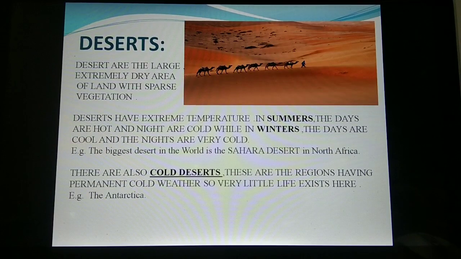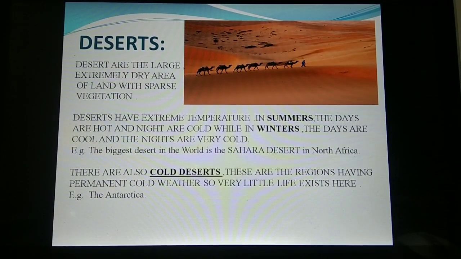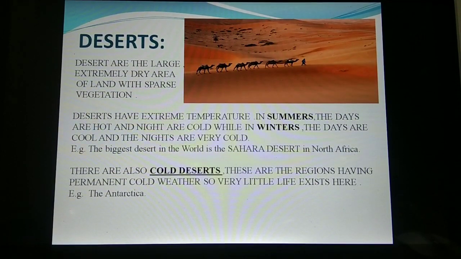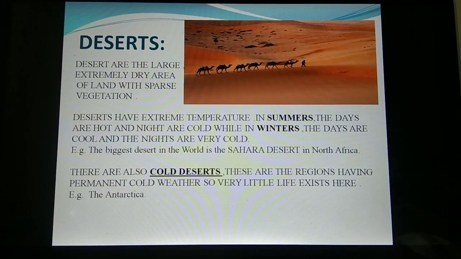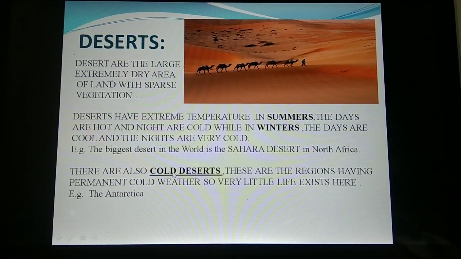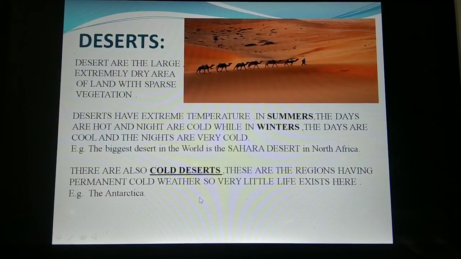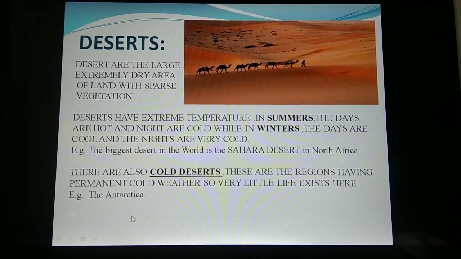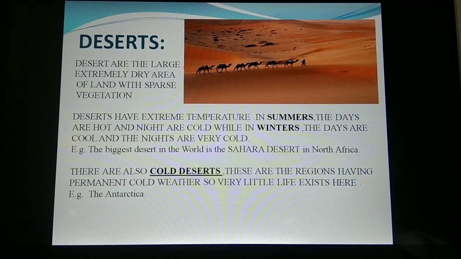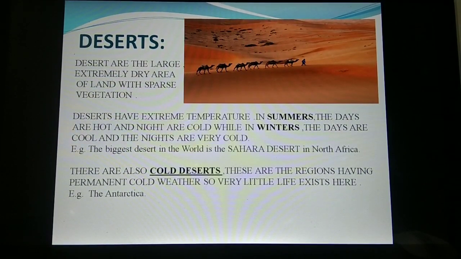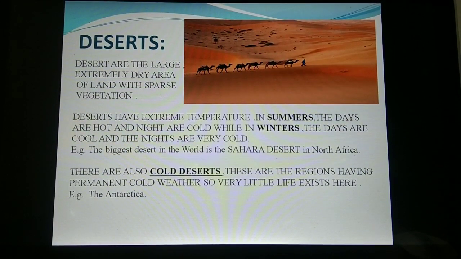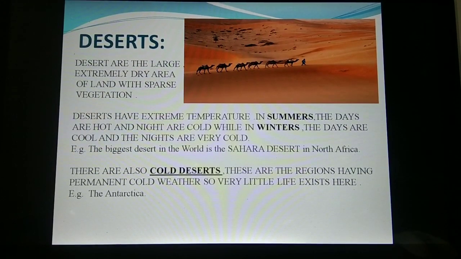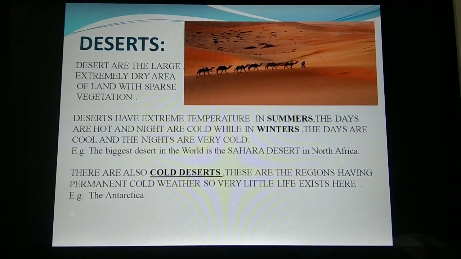For example, the biggest desert in the world is the Sahara Desert in North Africa. There are also cold deserts. These deserts are regions having permanent cold weather, so very little life exists there. For example, the Antarctica.